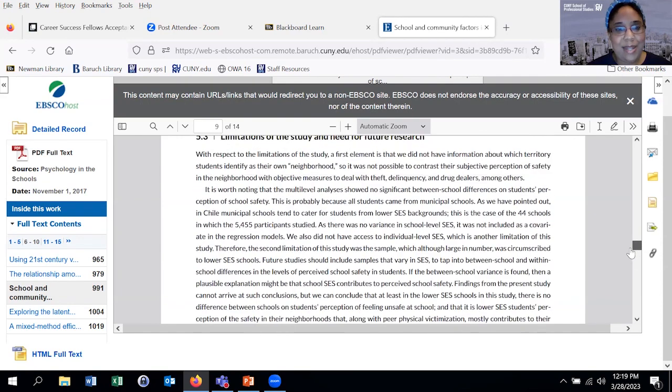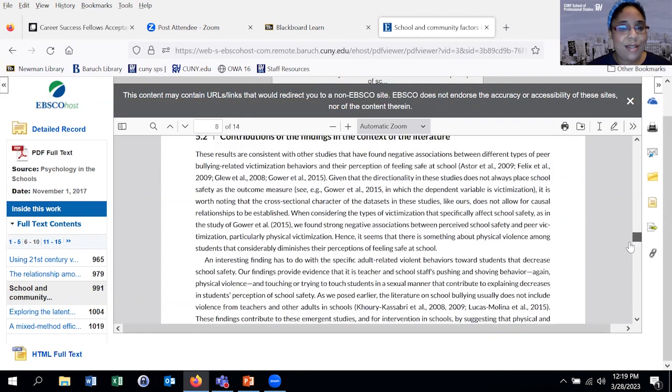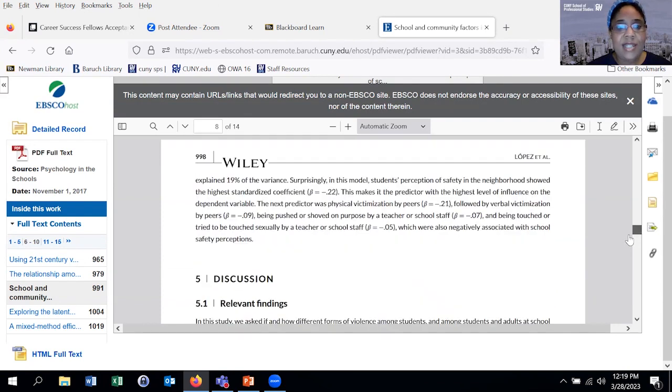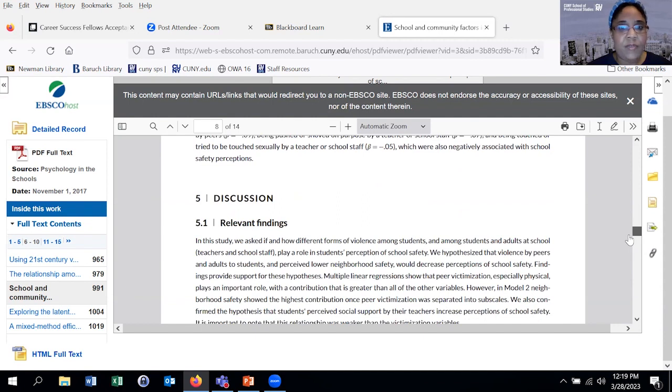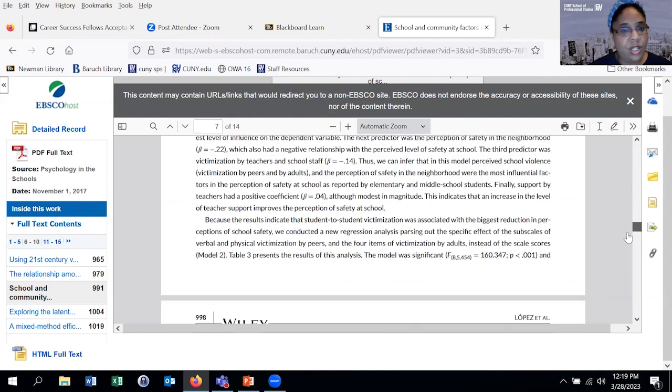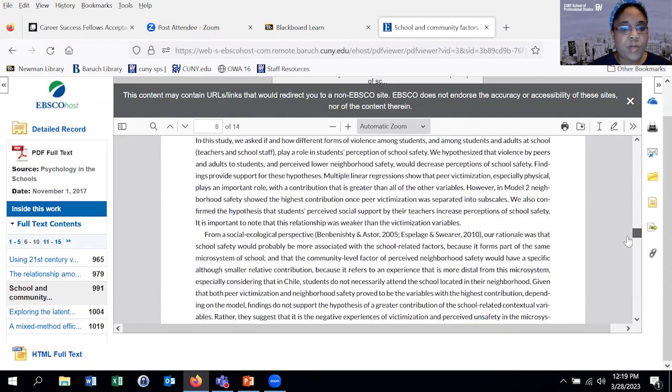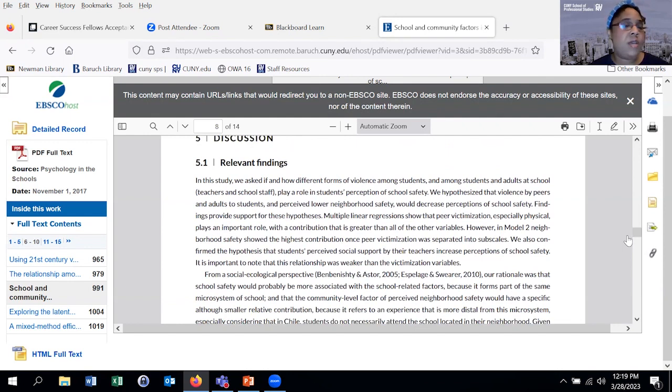And next we get to the discussion. And this is the actual discussion of the findings. If you notice, there are numbers in the prior section. In the discussion section, you don't have numbers because what they're doing in the discussion section is they're contextualizing everything. They are connecting their data, their research findings, their analyses, their results to what's already out there.